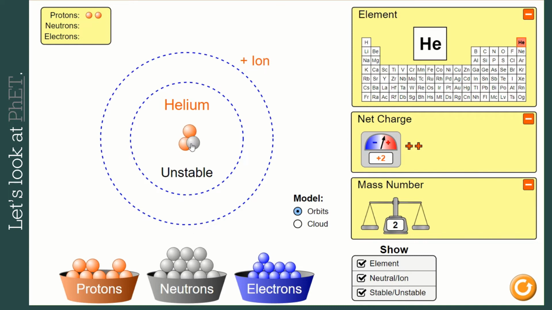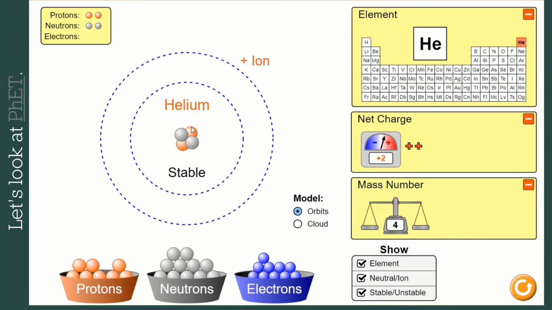Well, let's try and add, oh, look, when I add a neutron, it stabilizes it. We are not going to focus on electrons right now, but do you see how the net charge is +2? That's because I have 2 protons, and I don't have any electrons to balance it, so that means I have a charge of +2.